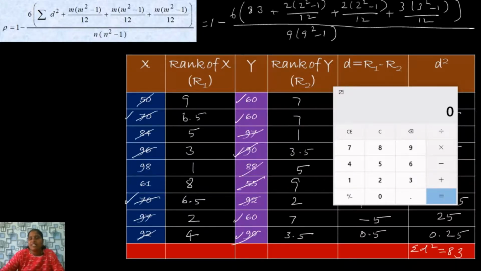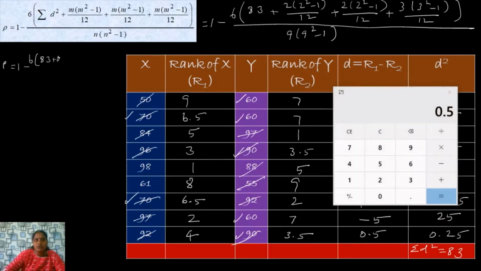So the number of correction factors to be added with the given sigma d square is based on the given problem itself. So by simplifying we get rho is equal to 1 minus 6 into 83 plus 2 square is 4, 4 minus 1 is 3, 3 twos are 6, 6 by 12, you get 0.5.